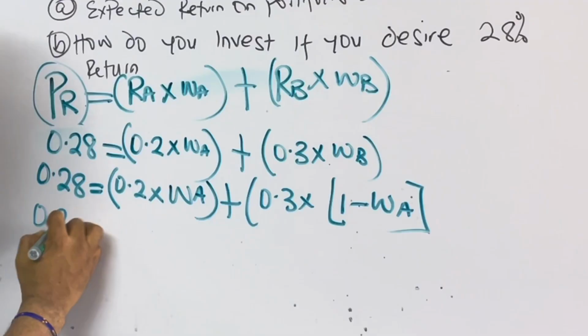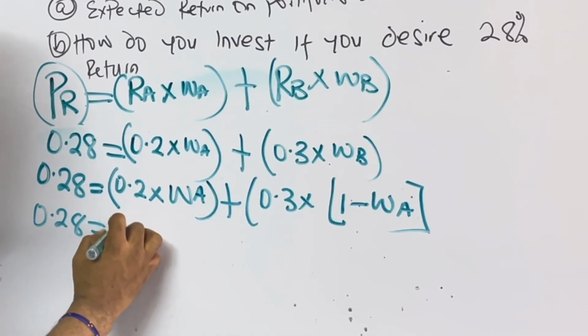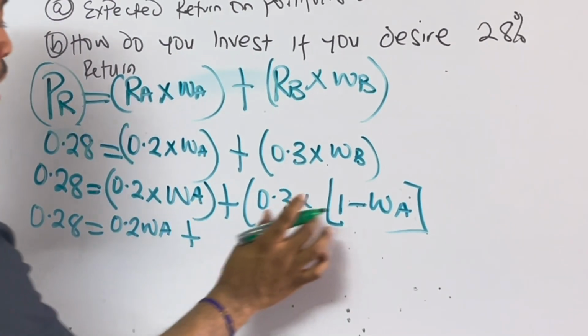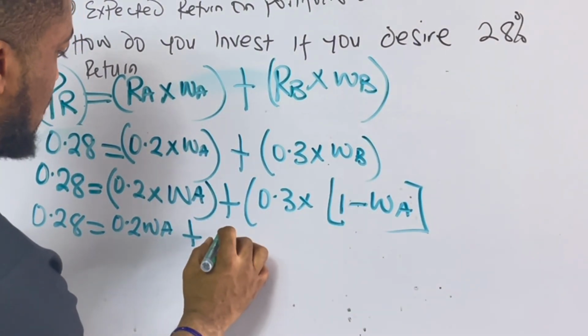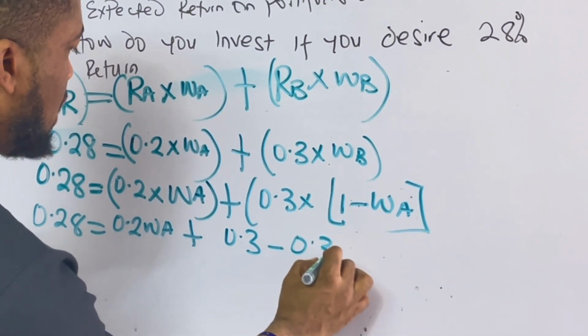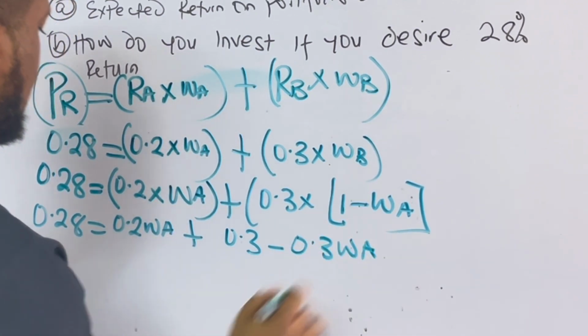This is the same thing as 0.28 equals 0.2 weight of A plus, if I open this bracket, 0.3 minus 0.3 weight of A.